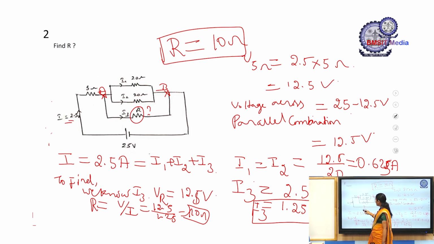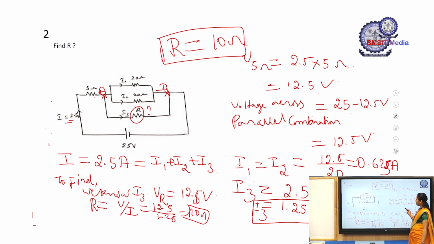Because we know the current passing through the 5 ohms is 2.5 amps, and the voltage we got is 12.5 because of the resistor. At this point we have 12.5 and at this point we have 25 volts, so the difference between these will be equal to 12.5.